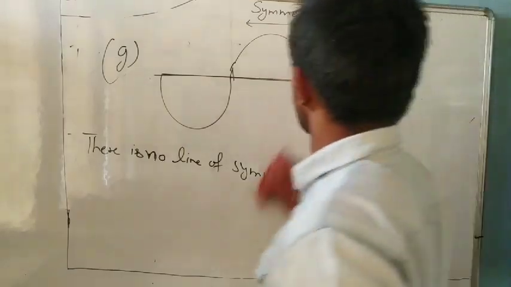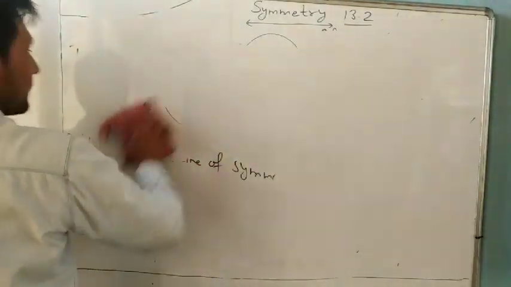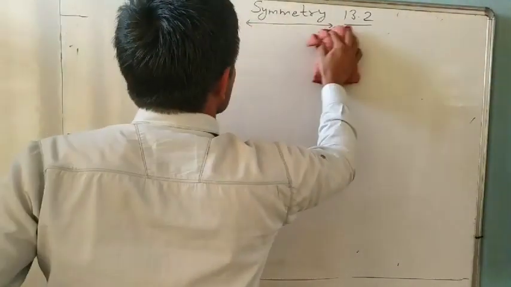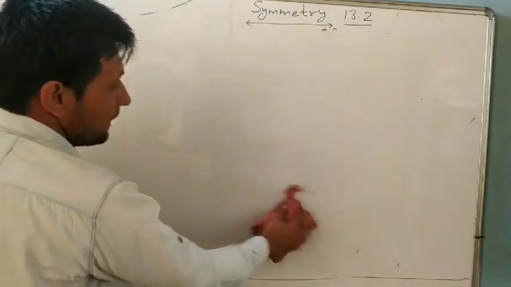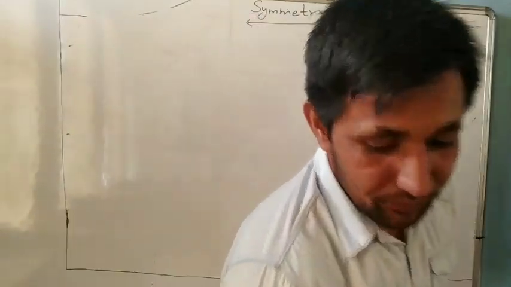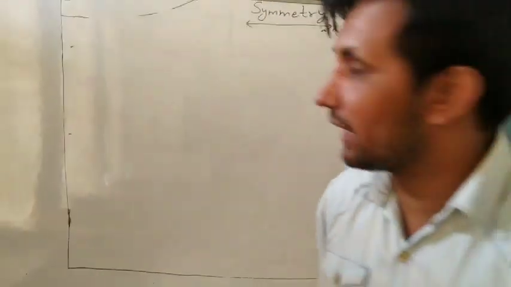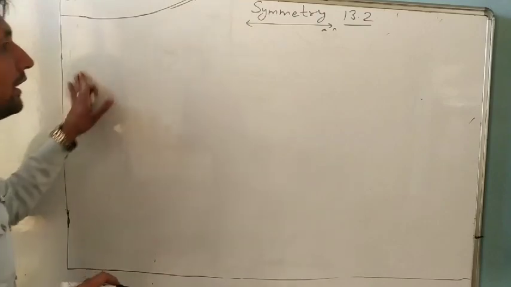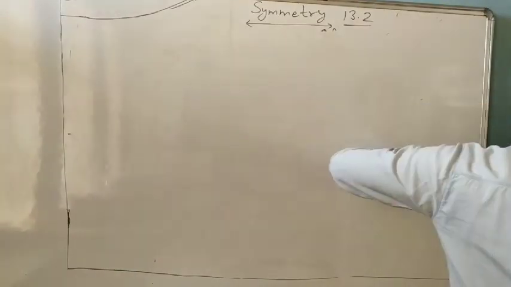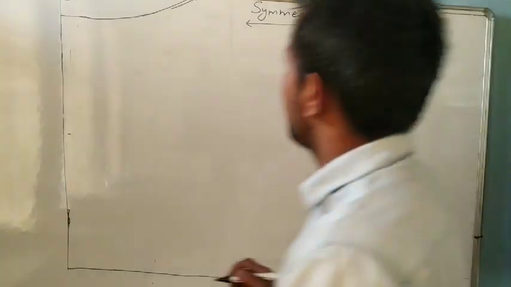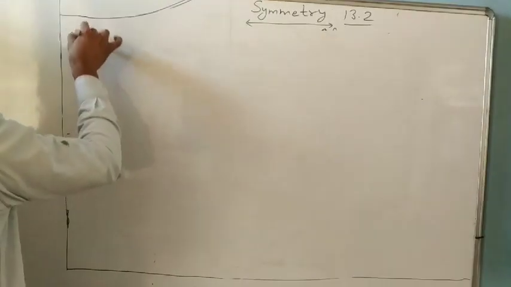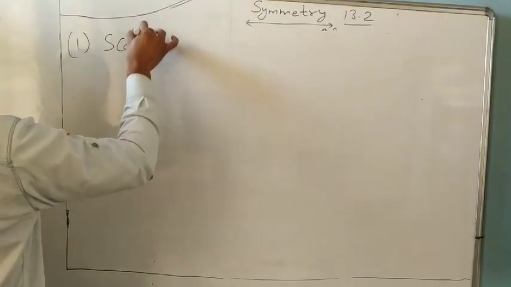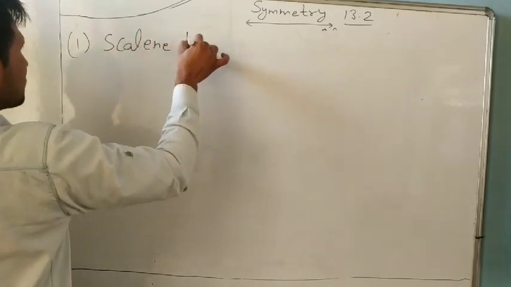Now second question. I already told you there are 3 main types of triangle. Which ones? Their names everyone knows.